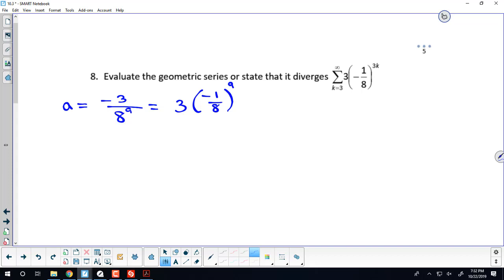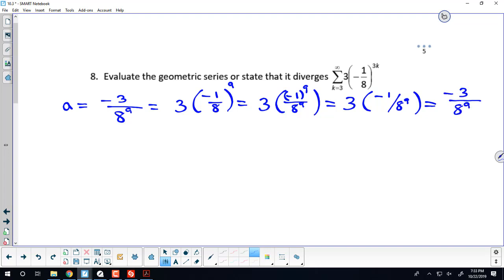And remember, we're just looking at negative 1 over 8 to the 9th, negative 1 to the 9th over 8 to the 9th. So there are multiple ways to look at this. Maybe you didn't get that exact representation, but maybe you had one of those. Okay, so that's A, the first term of this series. Then what is the common ratio?